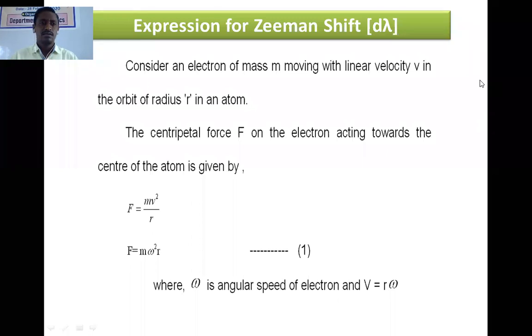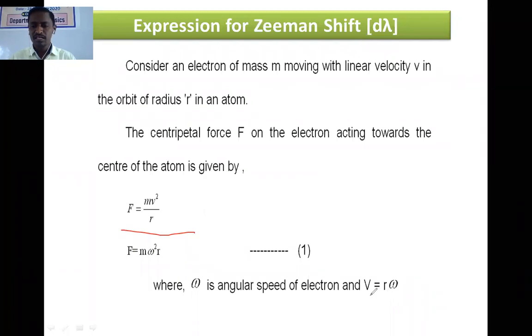The centripetal force acting on the electron, directed towards the center of the atom, is given by F equals m v squared upon r. Here F equals m v squared upon r is the value of the centripetal force.